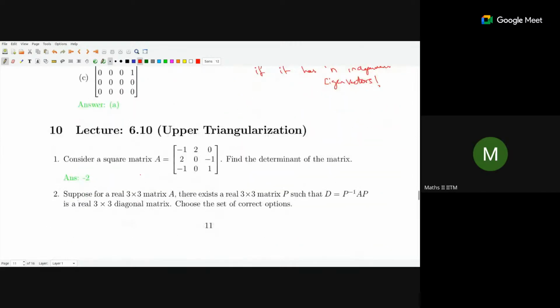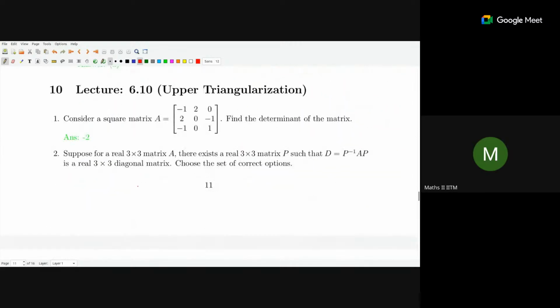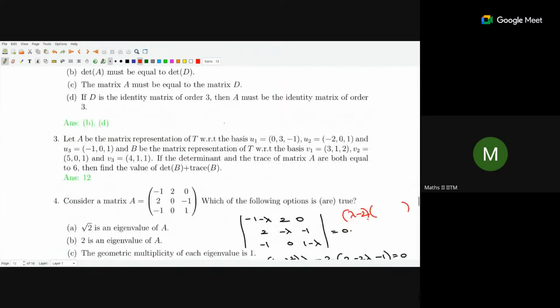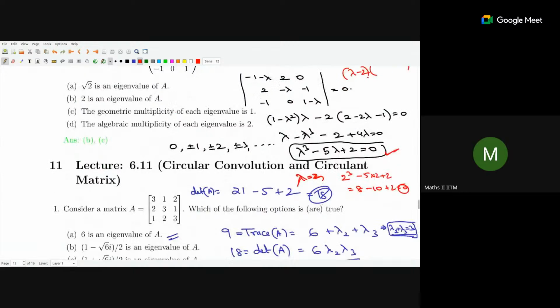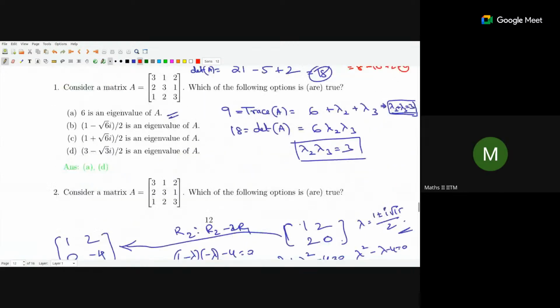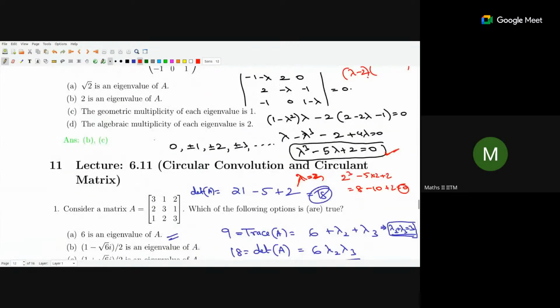Okay, and 6.7 is just using a specific basis. You can always convert any matrix to an upper triangular matrix. So that is dealt with here, and 6.11 is just the circulant matrices.